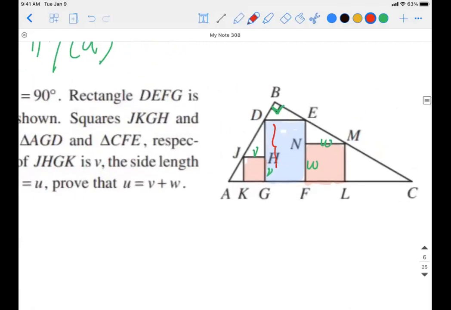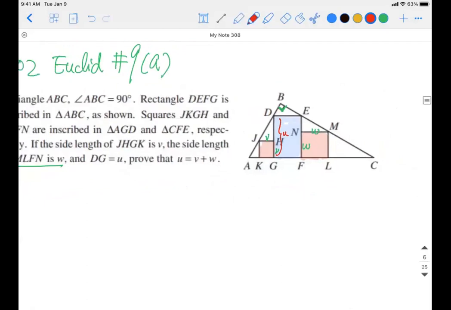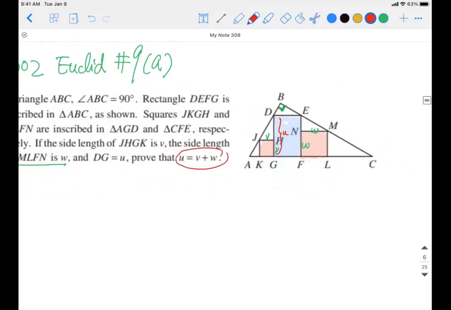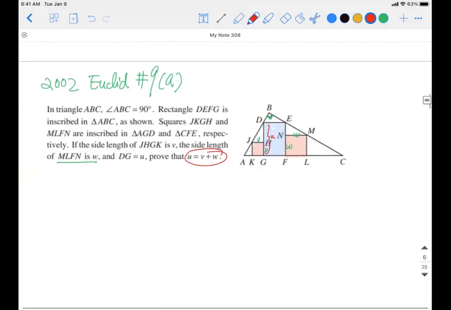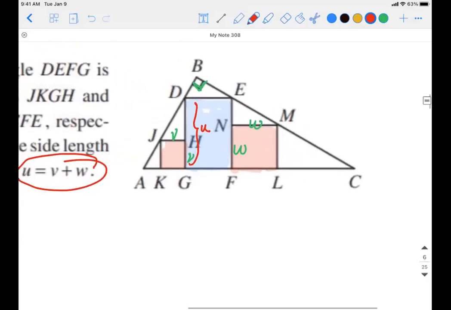DG is here, equals U. With all this information, the question asks you to determine that U is equal to V plus W.